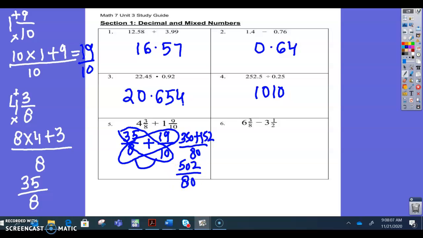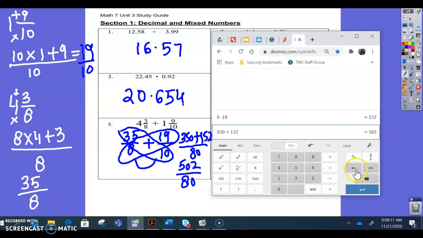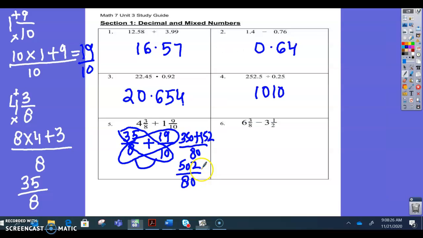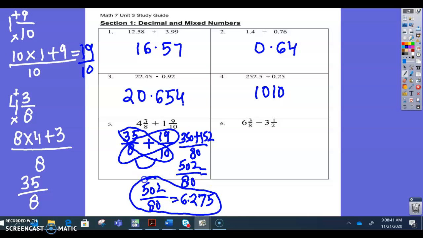What you can do in this one, and you are more than welcome to do it, is just divide using your calculator: 502 divided by 80 equals 6.275, and that is your answer. That's it. This whole can be your answer.